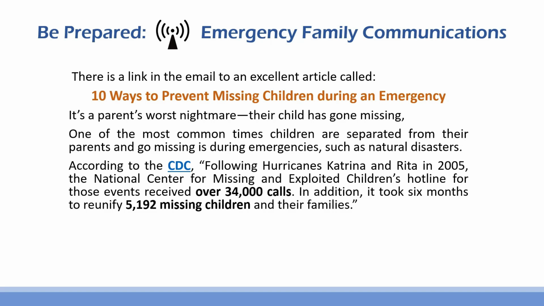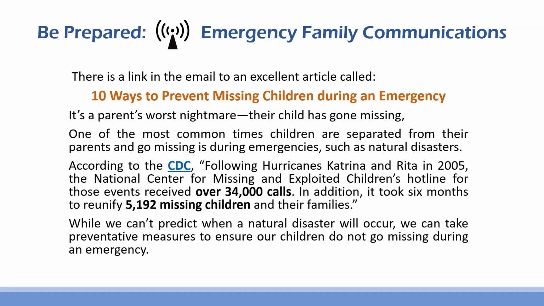In addition, it took 6 months to reunify 5,192 missing children and their families. While we can't predict when a natural disaster will occur, we can take preventative measures to ensure our children do not go missing during an emergency.